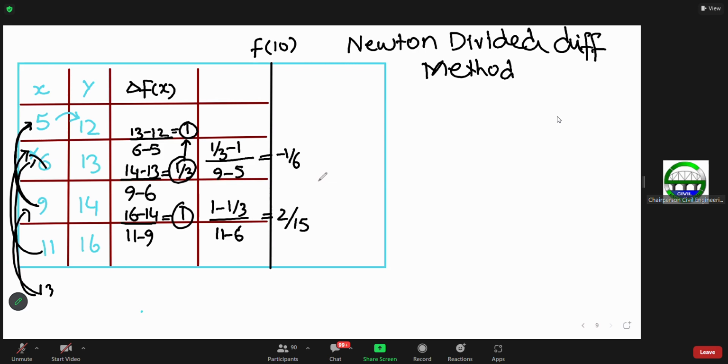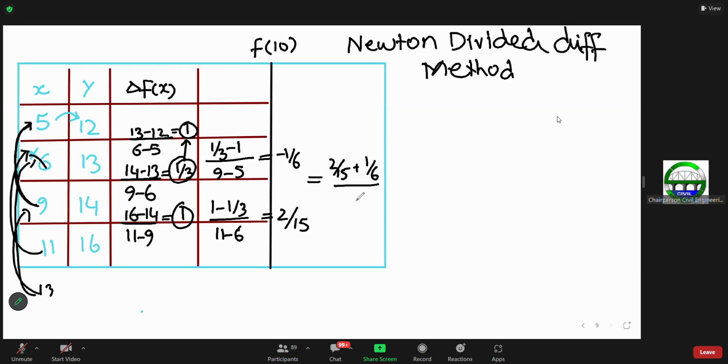And then finally, this one is equal to 2 by 15 plus 1 by 6 divided by, now can anyone tell me divided by what?